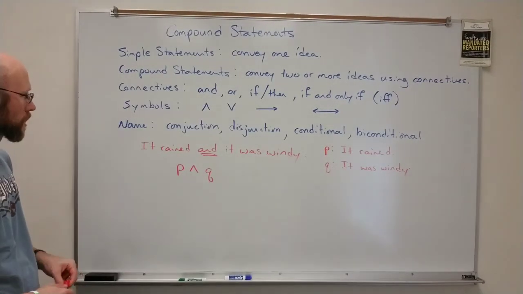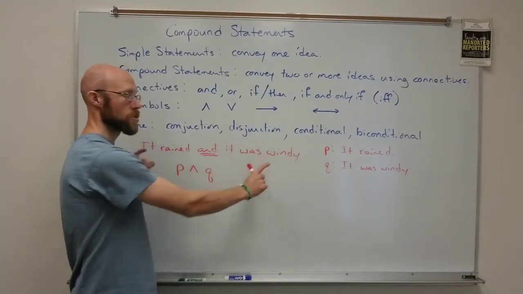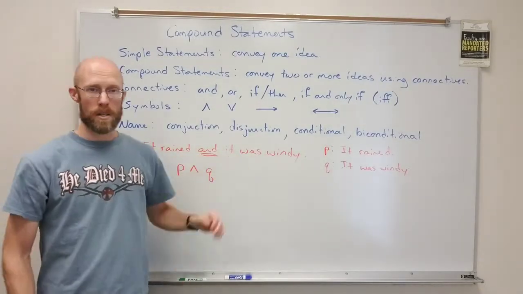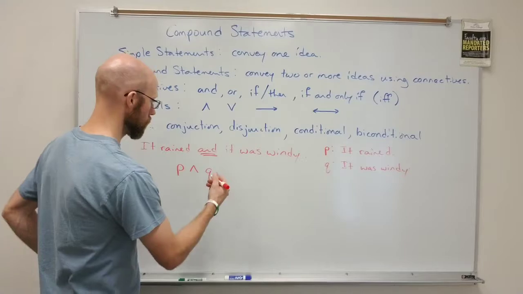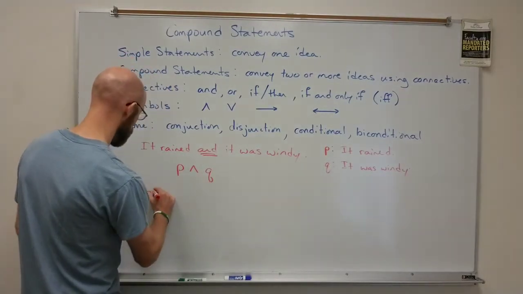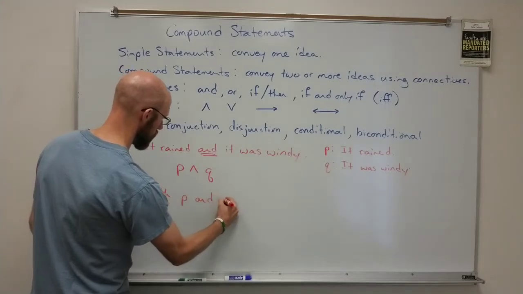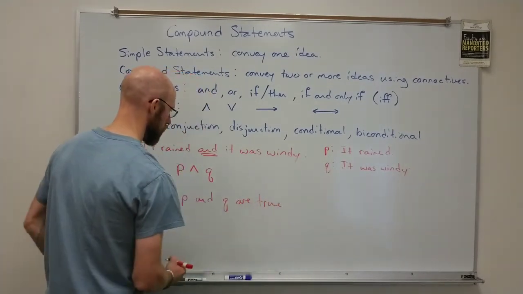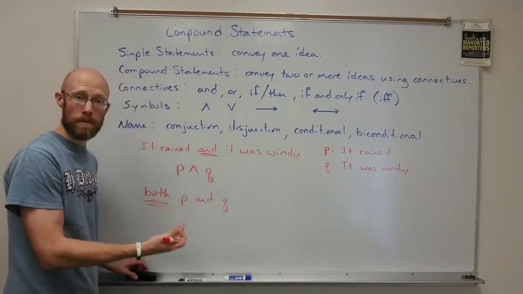If you think about it, in order for this entire statement to be true, both of these must occur. Both P and Q must be true in order for the statement to be true.